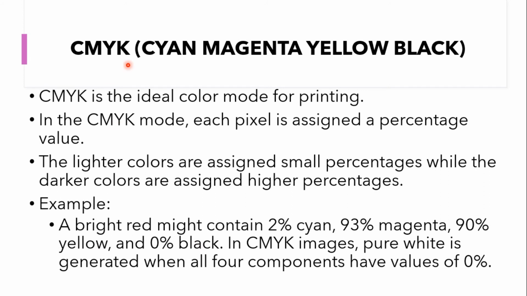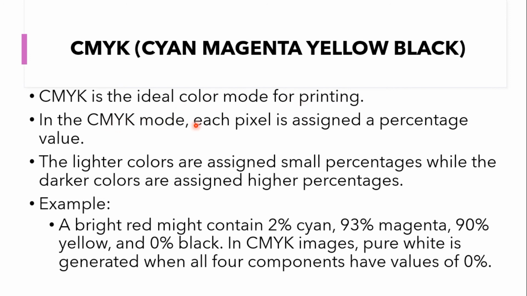CMYK. This means cyan, magenta, yellow, and black. CMYK is the ideal color mode for printing. Remember, RGB is the ideal color mode for screen. But for printing, CMYK is the better color mode. How does this work?